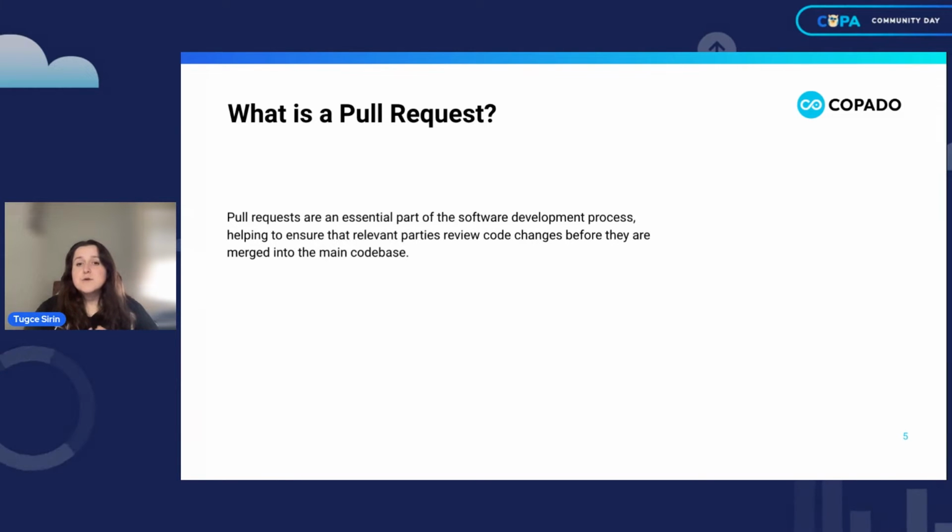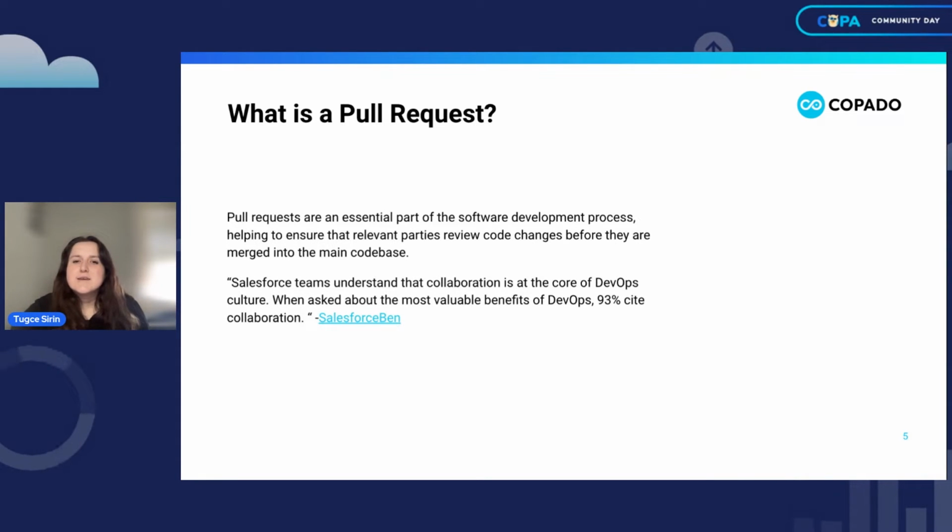And as the system expands in size and complexity, more and more knowledge is required to understand everything under the hood and how to improve it without the risk of failure. There is a good information from Salesforce Ben that people are learning that collaboration is a key part of the DevOps process, and the pull request can help you achieve it.